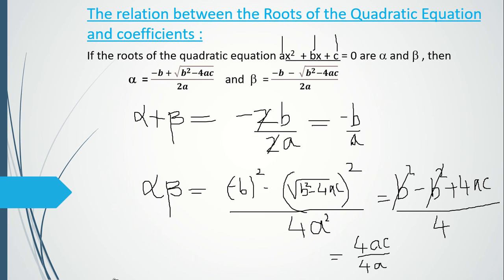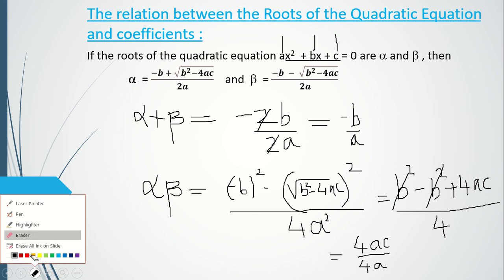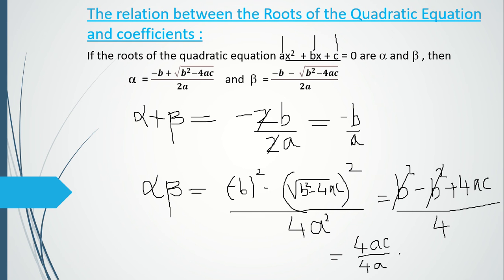See here, this is 4ac upon 4a square. Okay, now 4 gets cut, and this a and one of the a's from here gets cut. See, this is a square, no, means a into a, so one a gets cut, and what you are left with is c upon a.